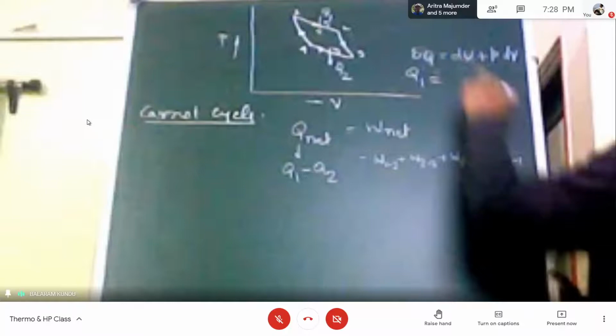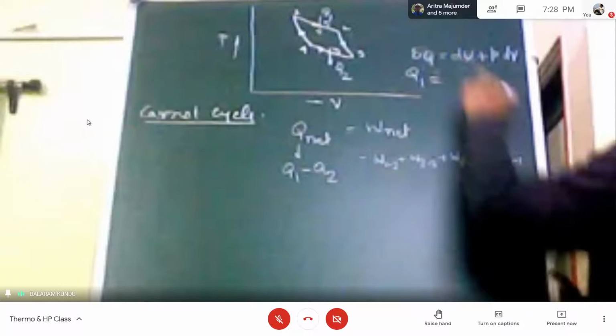Now when you write this W12, what will happen here? A little bit of modification is required, because here PdV has been considered, this mathematical expression, and it is a differential form. That means integration is necessary.